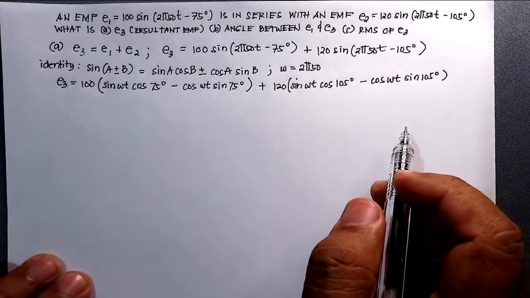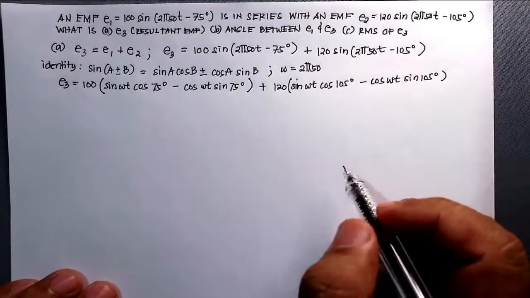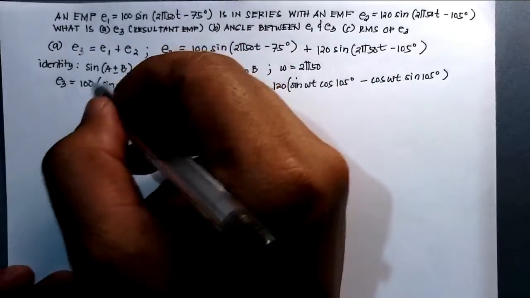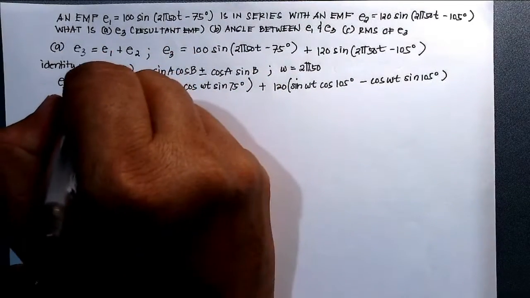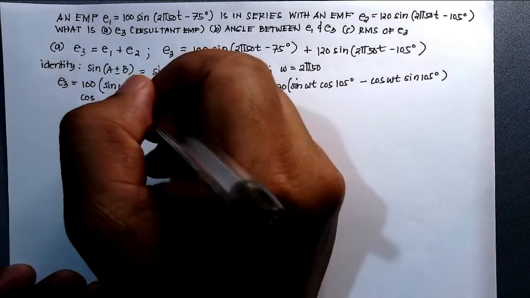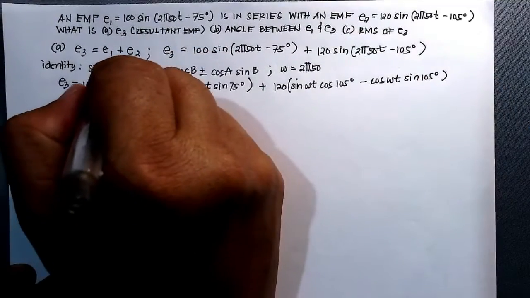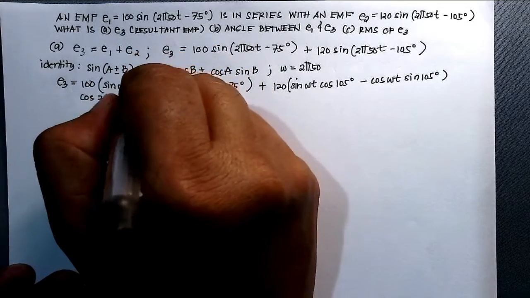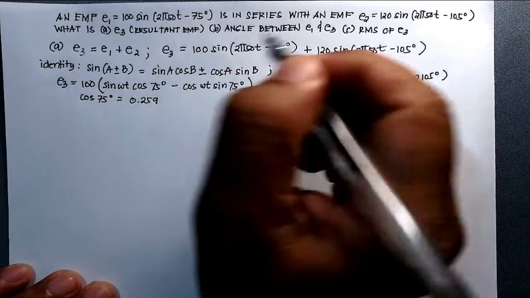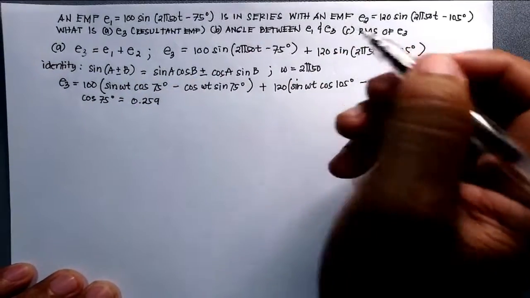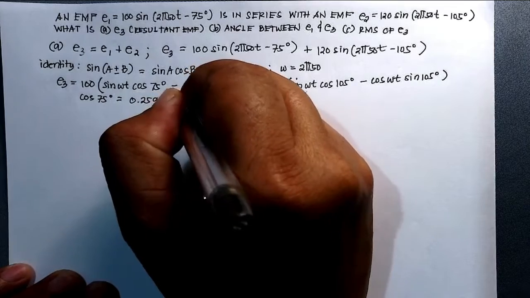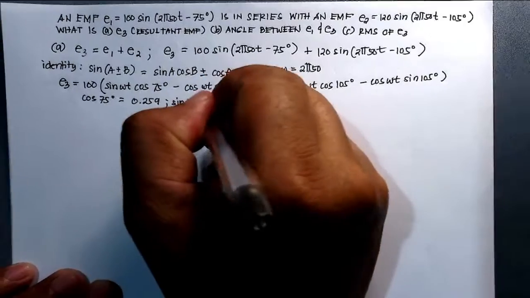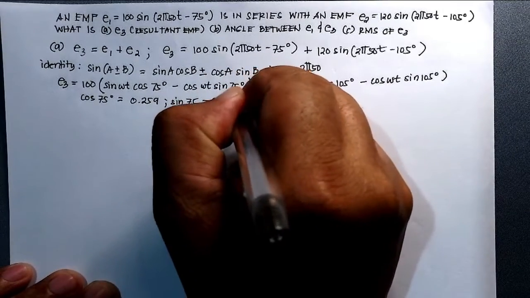We simplify the equation by getting the values. If you take your calculator, you can right away get the value of cosine 75 degrees, which is equivalent to 0.259, and sine 75 degrees is equivalent to 0.966.